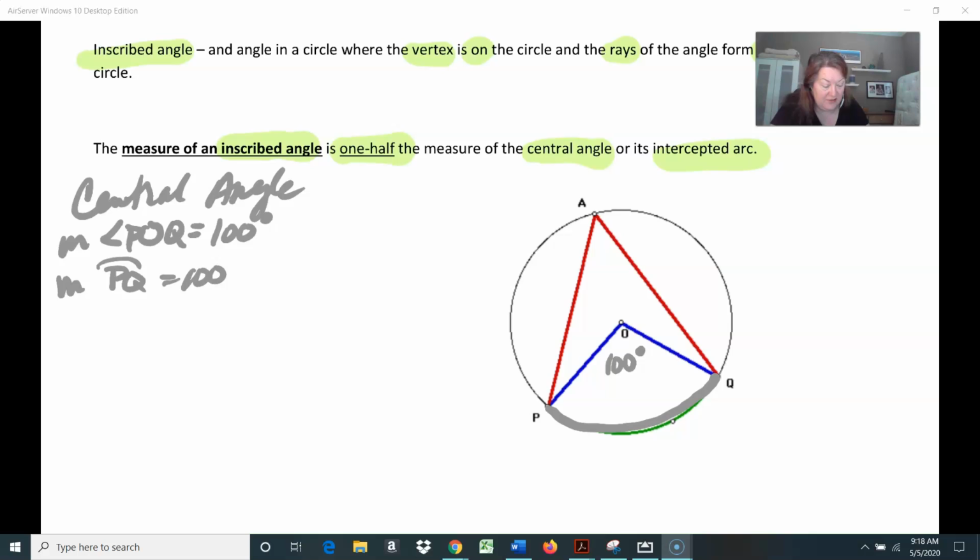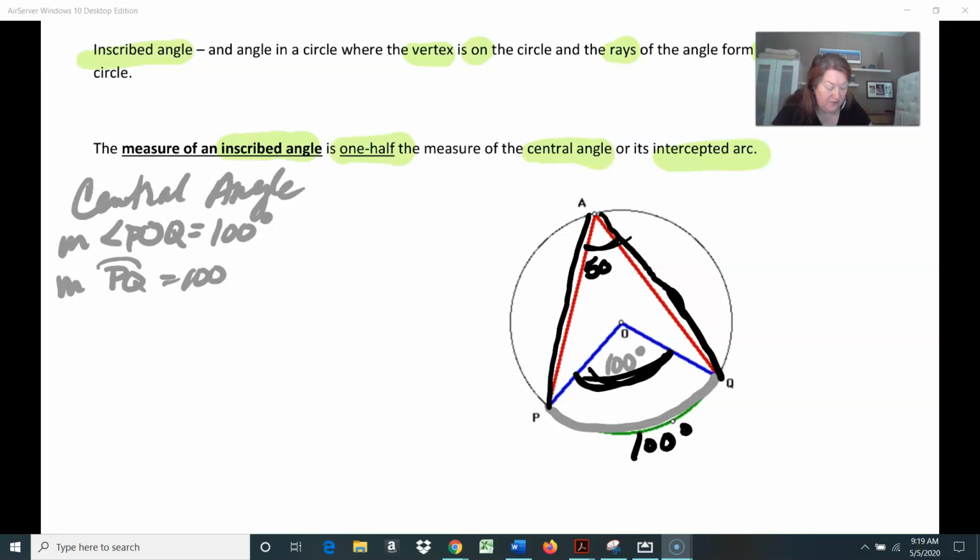But here's the really cool thing. Hold on, let me change the color over here. If this is 100 over here, it is still the same intercepted arc that goes all the way over here to vertex A and makes an inscribed angle. We can tell by looking at it that this angle is definitely bigger than this angle, and we know by the theorem that it's exactly half.